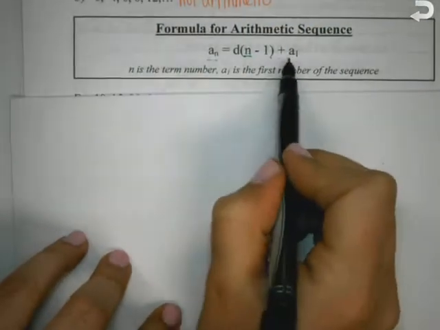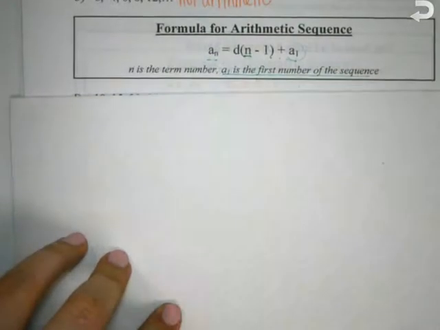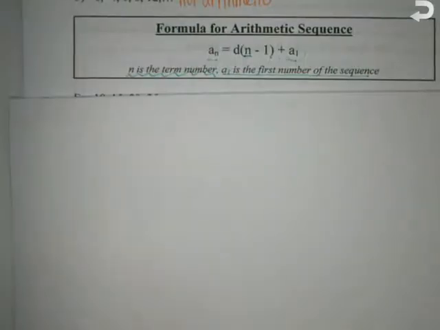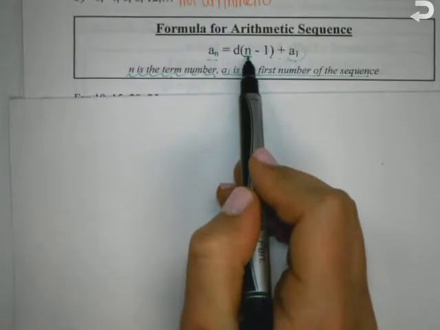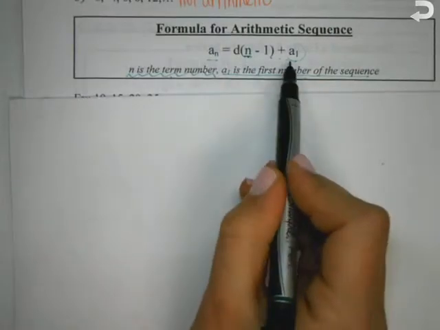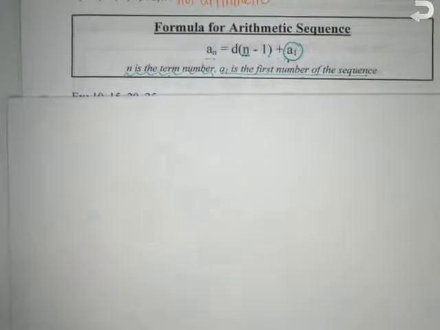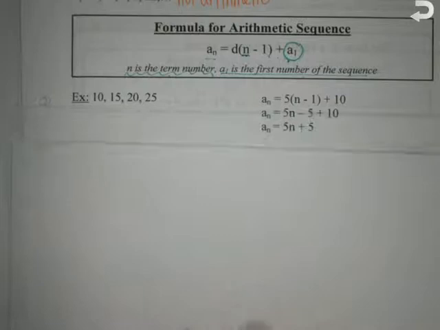A sub 1 is the first number of the sequence. n is the term number. So if I want you to find the third term for n, you're going to plug in 3, and then you're always going to plug in for A sub 1 whatever the first term was, not the term number, the first term.